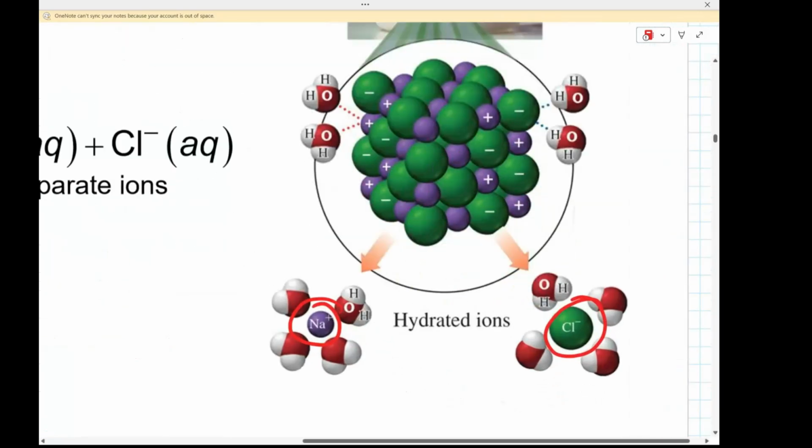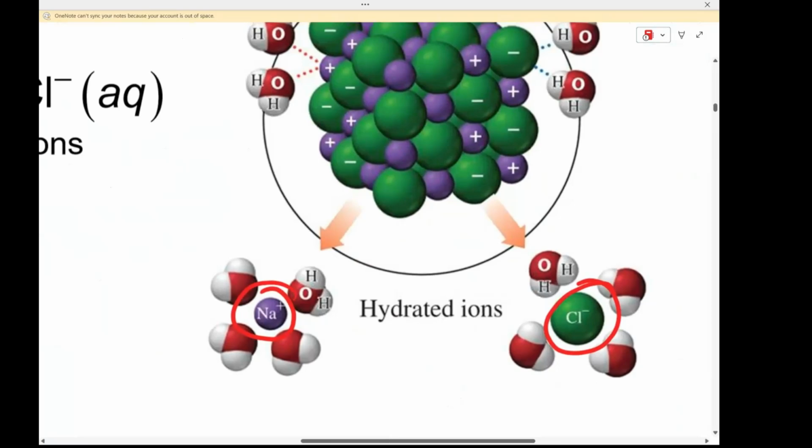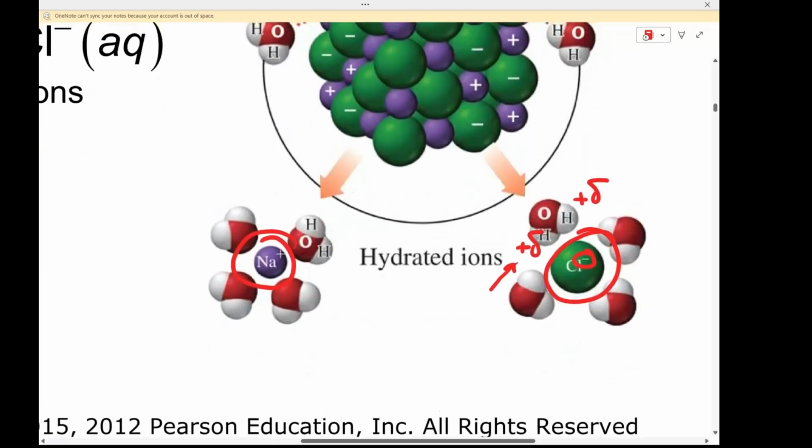Now, if you remember anything about water, you remember that hydrogens have a partial positive charge. Make sense? Chloride has a negative charge. So chloride will interact with molecules of water, okay? And it's called solvation.